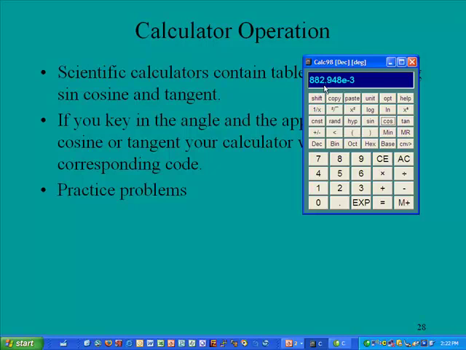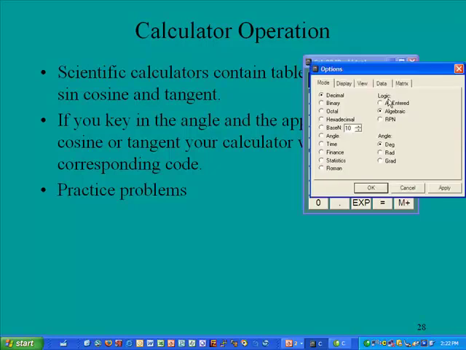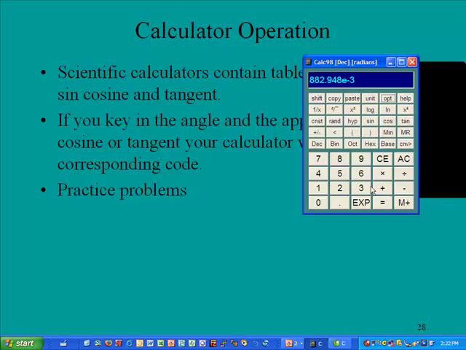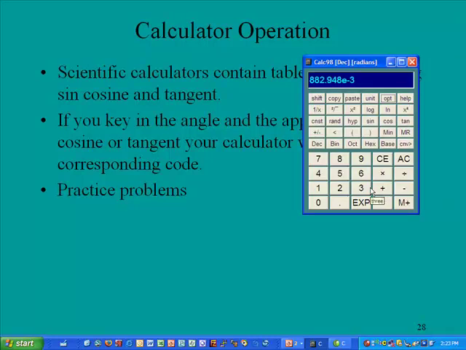Then the next one is actually in radians, and if you're going to do that, you'll need to go to your options here and change to radians. So here we have the sine of 3.6 radians, so let's enter 3.6, and we'll do the sine, and the value is minus 0.442. Now if we'd done that in degrees, that would be a different value.